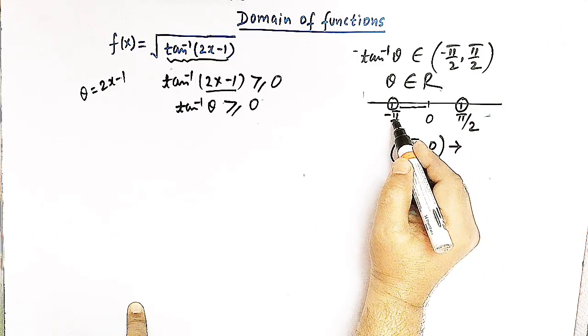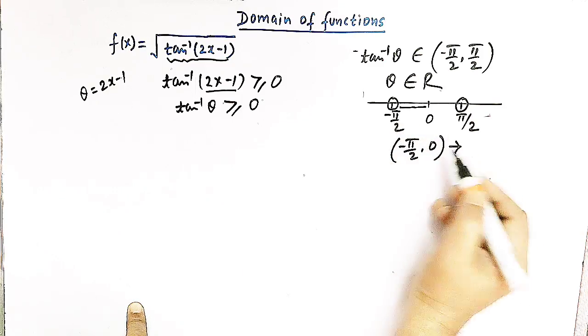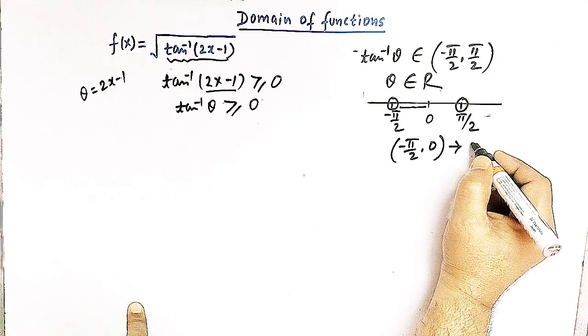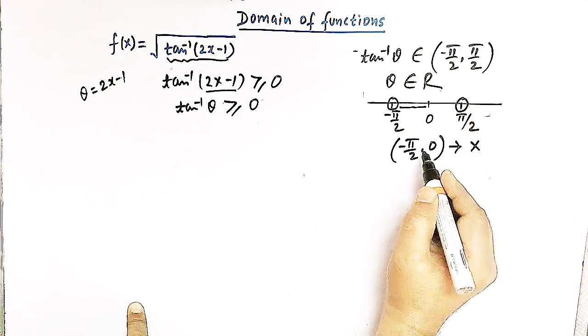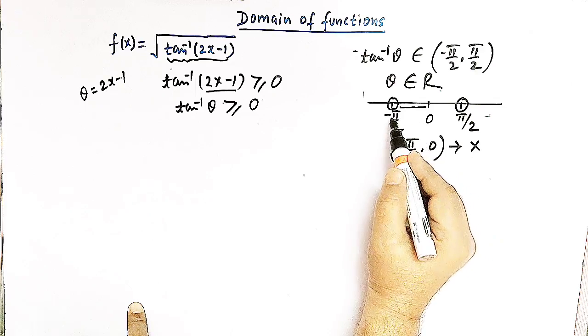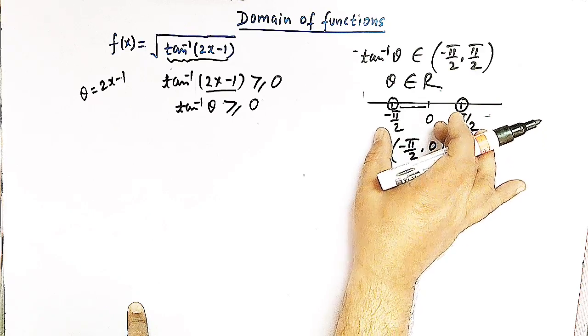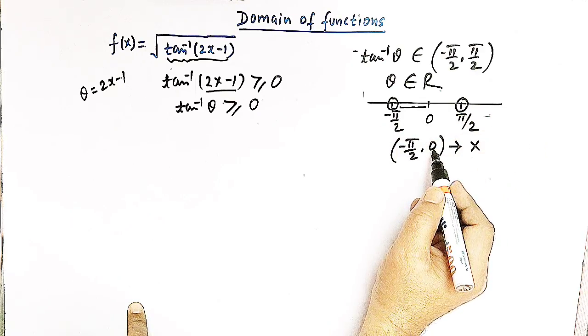So the interval minus pi by 2 to 0 has to be excluded or discarded, because tan inverse theta cannot have values between minus pi by 2 and 0.